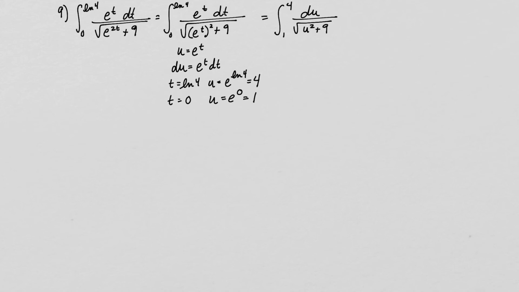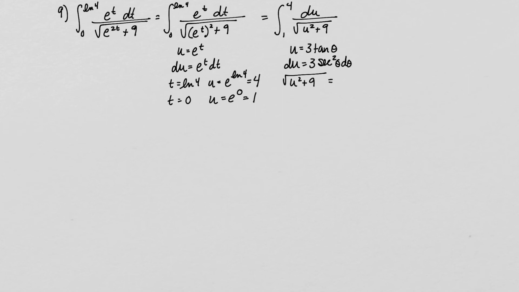And so now I'm at a point where I can do trig substitution. If we let u be equal to 3 tangent theta, du is going to be 3 secant squared theta d theta. And then I also need to figure out the square root of u squared plus 9.